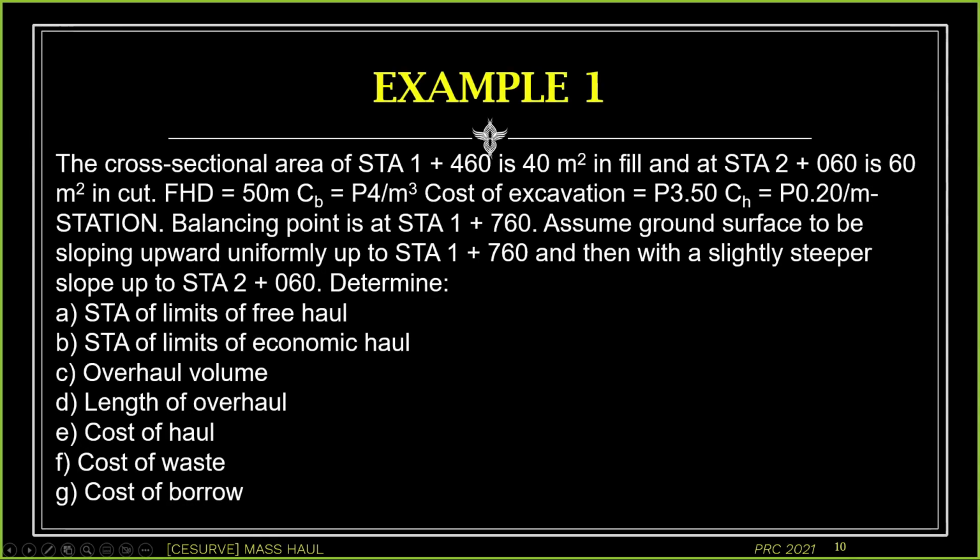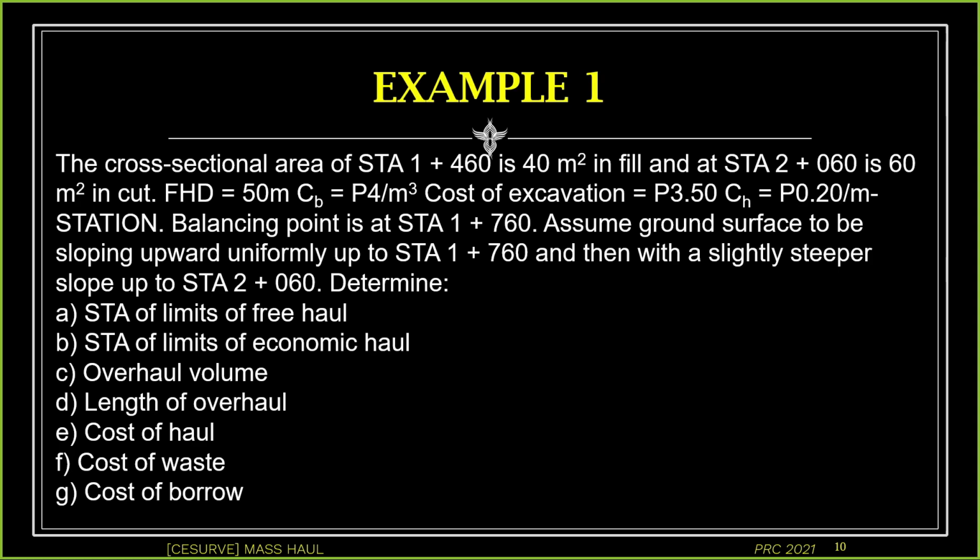So let's have this example. The cross-section at Station 1 plus 460 is 40 square meters in fill, and at Station 2 plus 060 is 60 square meters in cut. The free haul distance is 50 meters. The unit cost of borrowing is 4 pesos per cubic meter. The cost of excavation is 350, and the unit cost for haul is 0.2 per meter station.